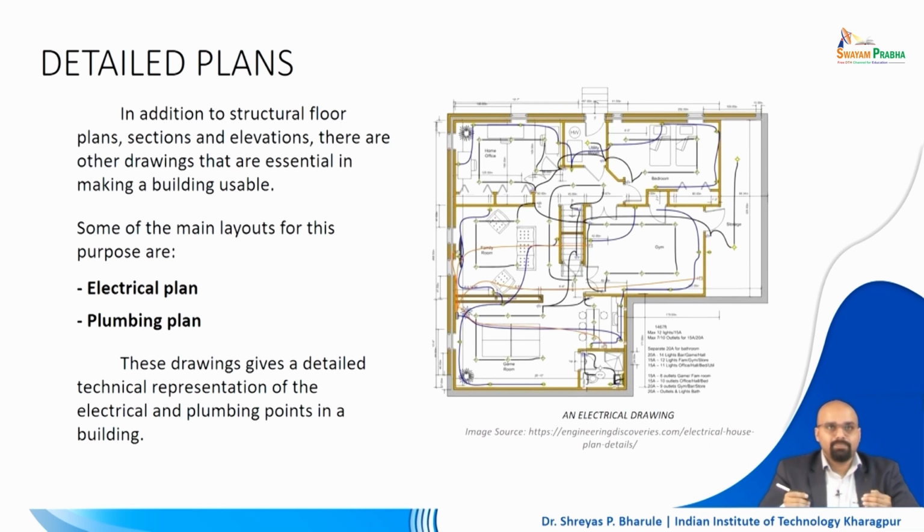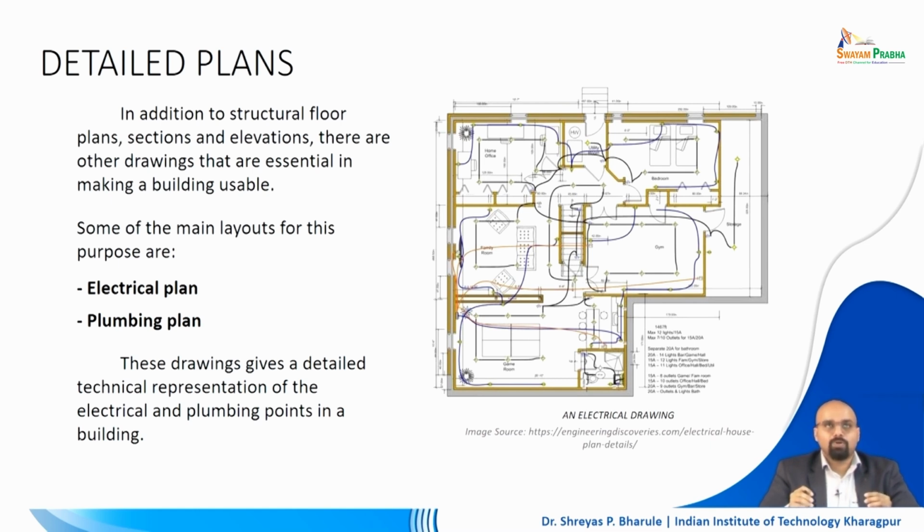So in addition to the structural floor plan, sections and elevation, there are other drawings which are essentially the electrical plan and the plumbing layout plan, right? The electrical plan gives you all the information about what kind of appliances will be used in that particular area as per the client requirement.